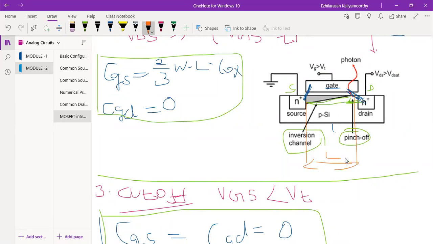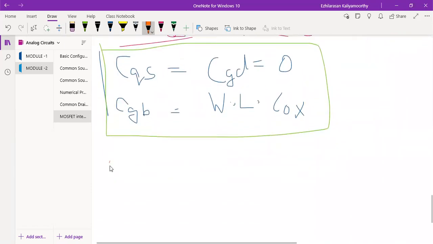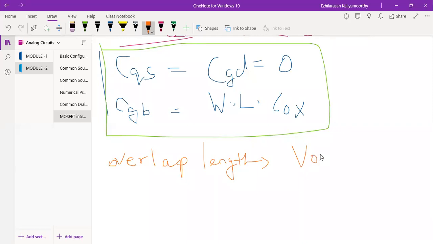So now the overlap length is denoted as LOV. Okay, so overlap length, because the length is overlapped. The L length is nothing but L actually.